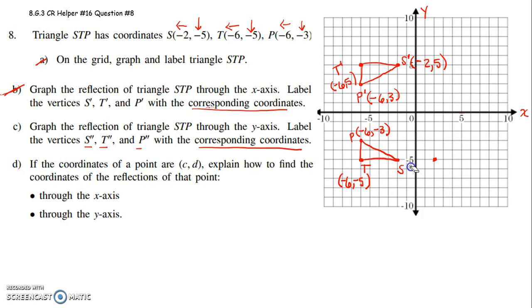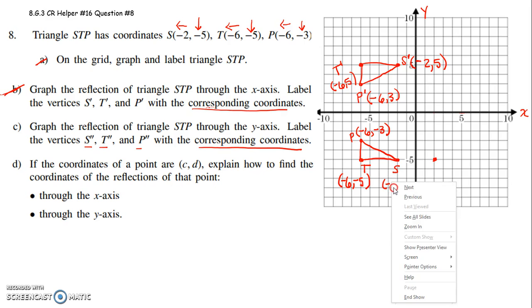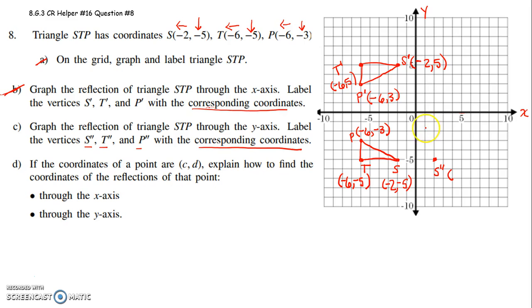I'm just going to erase this for a moment. Oops, sorry about that. So this will be S double prime. And that now is 2 to the right, 5 down. So that's positive 2, negative 5. Hopefully you can see this time the y coordinate remained the same when I reflected over the y-axis, and the x coordinate changed sign.